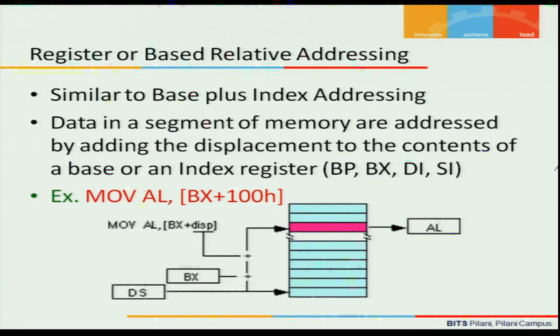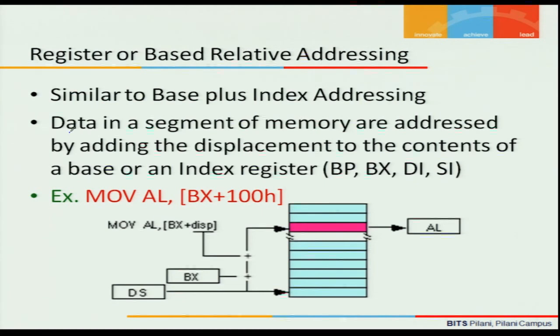The next addressing mode is what is known as the register or base relative addressing. So as you will see, this is similar to the base plus index addressing mode which we were just talking about, except that one of the elements used for calculating the effective address is an immediate value.